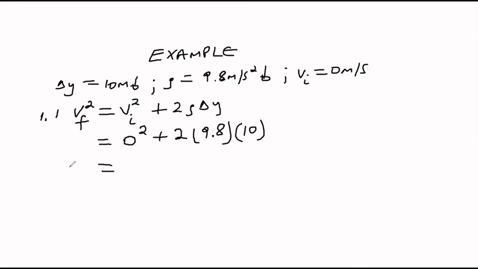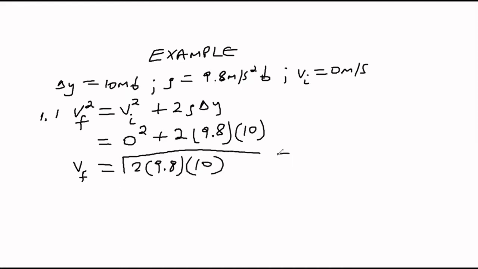So we have V final squared, but we're looking for V final. So we can apply the square root to both sides to calculate V final and eliminate the square. Okay, what is the square root here?